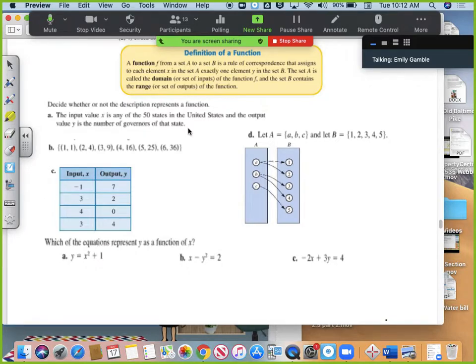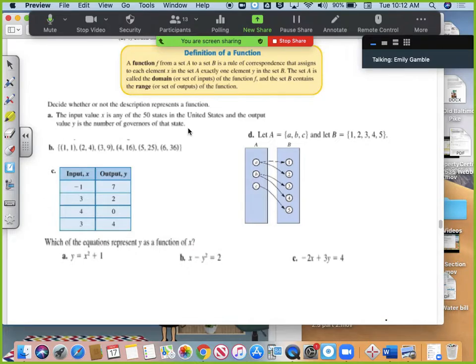Now, if we were to graph this, let's say, we would graph every state separately, and all of these states would have exactly 1 governor. So when I'm thinking of that, if x is representing all the different states, and y is representing how many governors they have, this would create a horizontal line. Because if we numbered them 1 to 50 instead of by their name, then the first state would have 1 governor, the second state would have 1 governor, the third state would have 1 governor, and that would create a straight horizontal line.